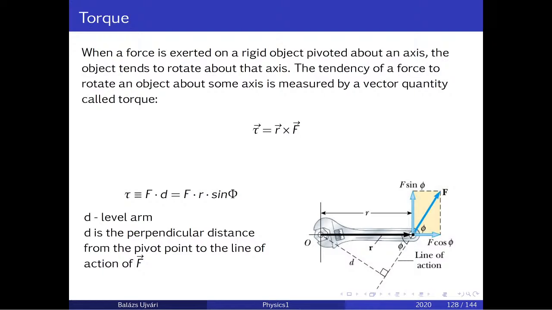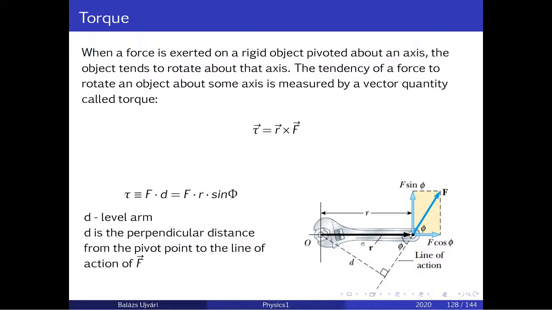The force that tries to rotate this body starts here. We have to draw a vector from the origin to this action point, and the force is also a vector, so we are in 2D. So this is r, this is force, and we have to take the vectorial multiplication of these two vectors.